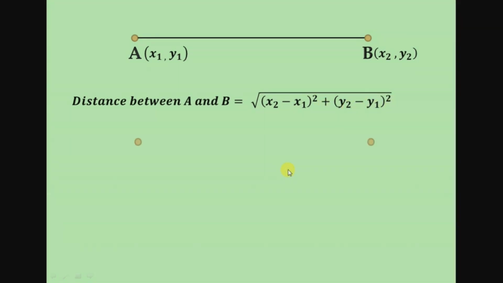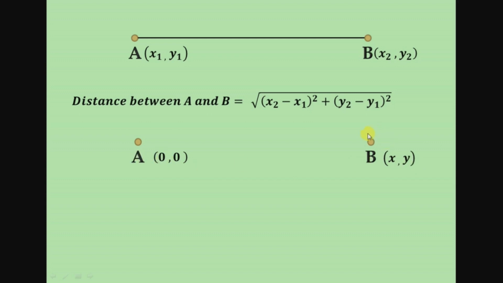Let us take two more points A and B. The coordinates of A are 0, 0, that means A is at the origin, and the coordinates of B are x and y. So what is the distance between A and B?